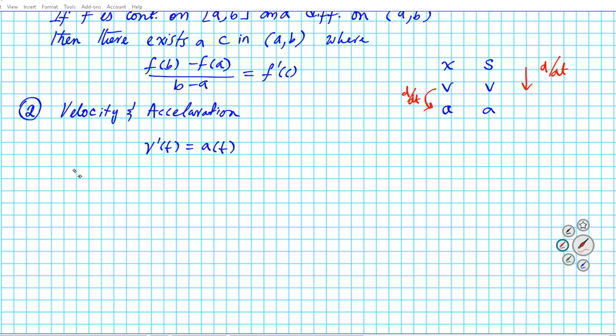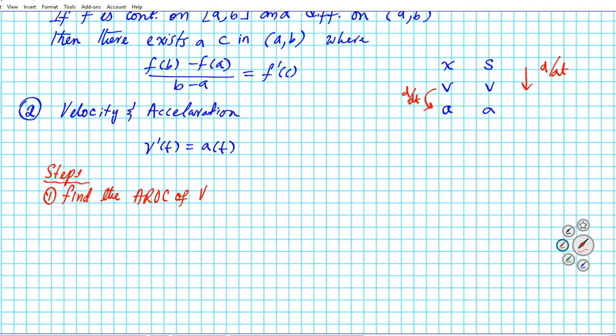The steps that we're going to employ in this problem are as follows. Number 1 is we want to find the left side of the MVT, the conclusion side of the MVT. So we want to find the average rate of change of the velocity function on the given interval.